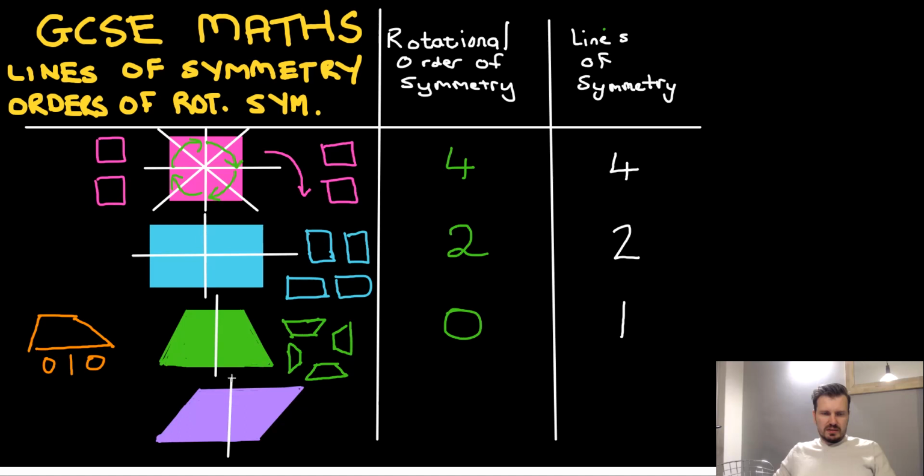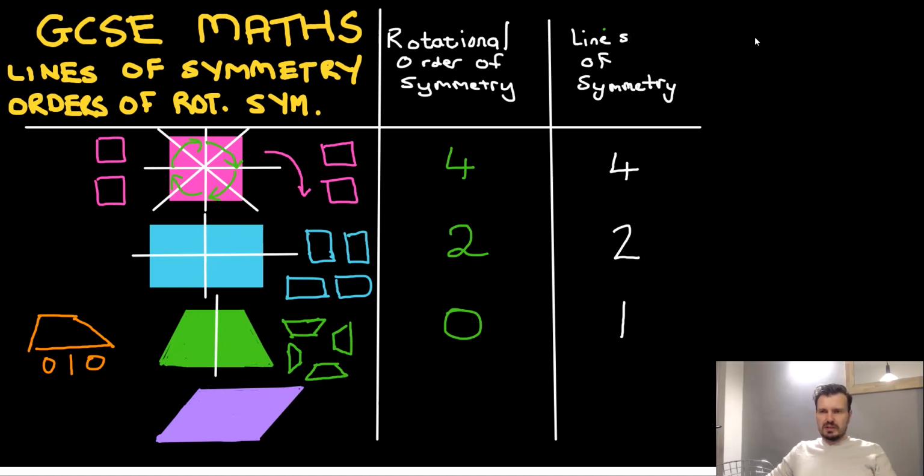Okay, now here we've got no line of symmetry. If you try to fold it, it wouldn't work here either. This is a parallelogram, not a rhombus, by the way. A rhombus does have lines of symmetry, but this is a parallelogram.